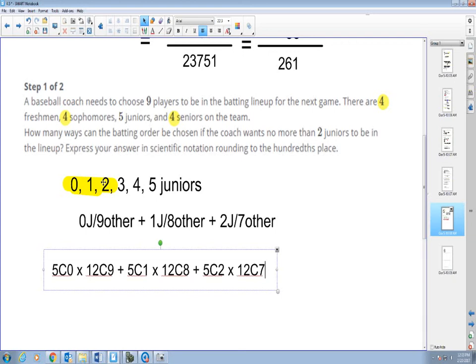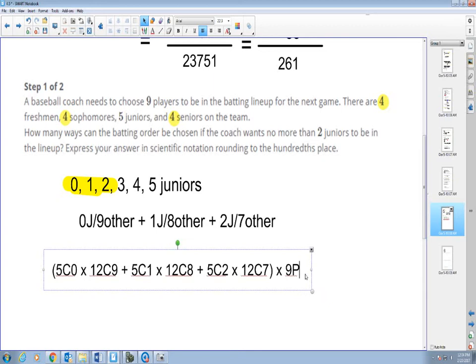Then we have to think about the batting order. Who bats first? Who bats second? Who bats third? It matters. So this is just like the song question we did in the last video. Now I'm going to arrange all 9 players, so that will be followed by 9 players choosing all 9 of them using permutation, because who bats first actually matters.